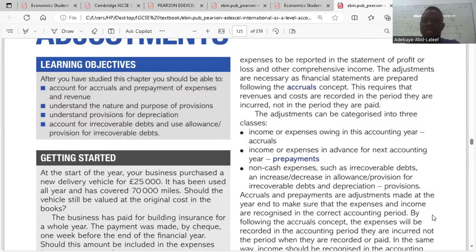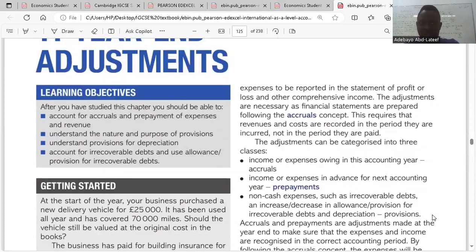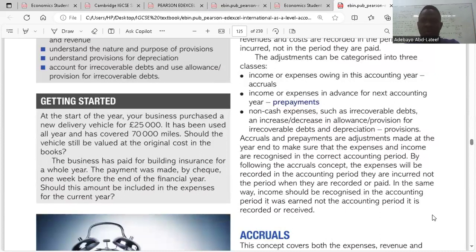So what are the adjustments that could be made at the year end? We can make adjustments on income and expenses owing, on income and expenses for prepayment, and on income and expenses for accrual. So we have accrued expenses, prepaid expenses, and non-cash expenses like irrecoverable debts and depreciation.